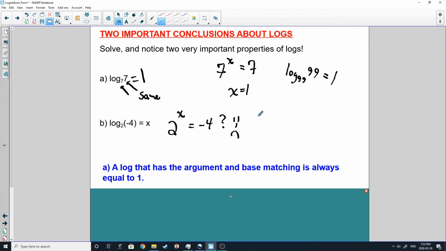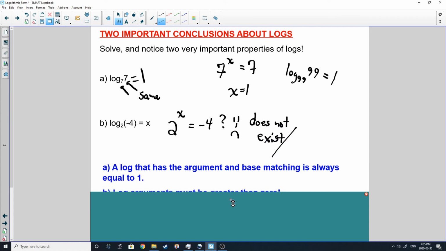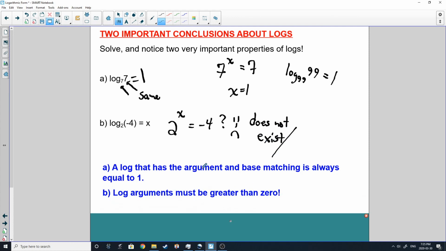It's just not going to happen in the real number system. So we say that this one does not exist, and we arrive at a very important conclusion for when we start graphing these things. Log arguments must be greater than 0, okay? So you'll never raise something to a power and get a negative number. So log arguments are always greater than 0.